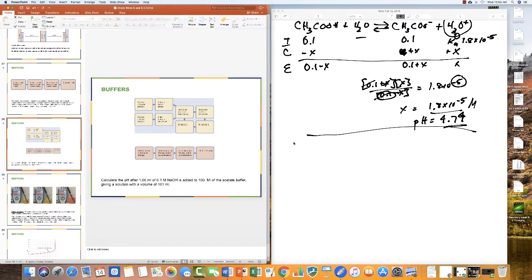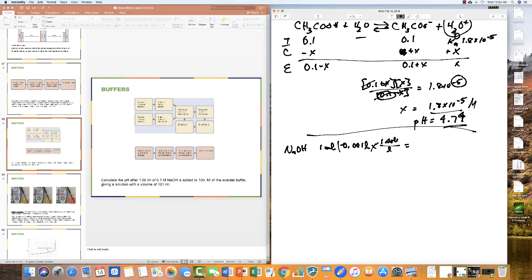First of all, we need to calculate the moles of sodium hydroxide. So we're going to add 1 milliliter of 0.1 molar. That's 0.001 liters times 0.1 moles per liter.